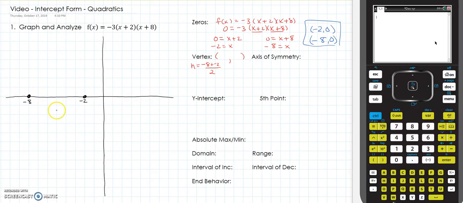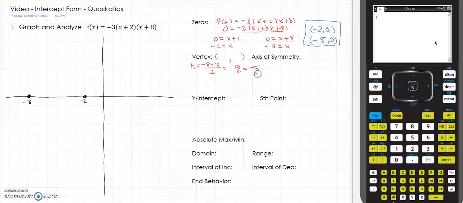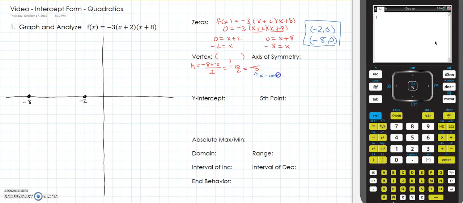And again, we can visually see where the axis of symmetry is going to be, but we want to know the process just in case the numbers we get are not integers like this. So we have -10 over 2, which is -5. So this -5 is the x-coordinate of the vertex.